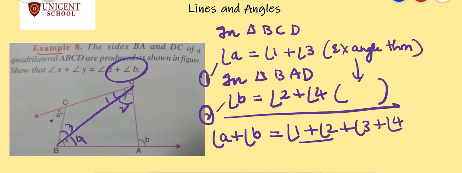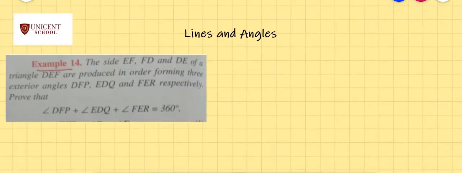And according to the construction, we know that angle 1 plus angle 2 was angle Y, and angle 3 plus angle 4 was angle X before construction. So we got the required step, angle A plus angle B equals angle X plus angle Y.